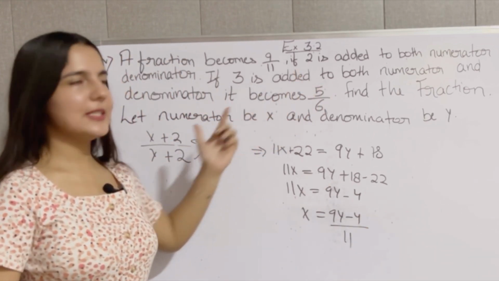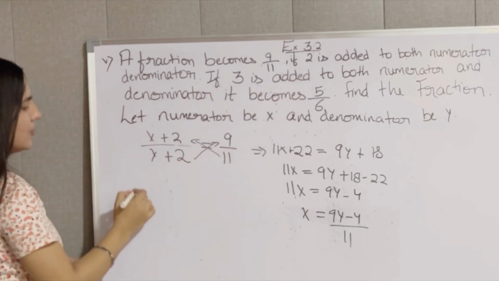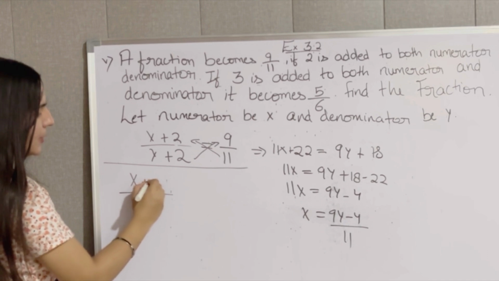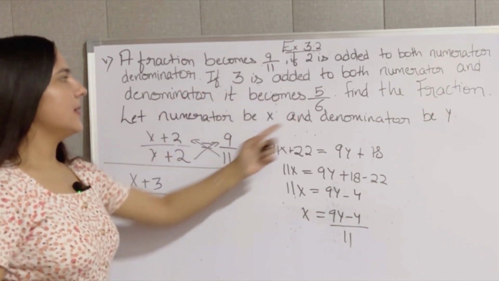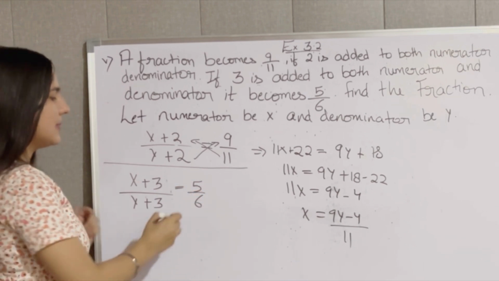Now let's first make the second equation, then we'll put in the value. Then they're saying if 3 is added to both numerator and denominator, 3 is added to the numerator and 3 is added to the denominator, our fraction becomes 5 upon 6. Now again we'll cross multiply.